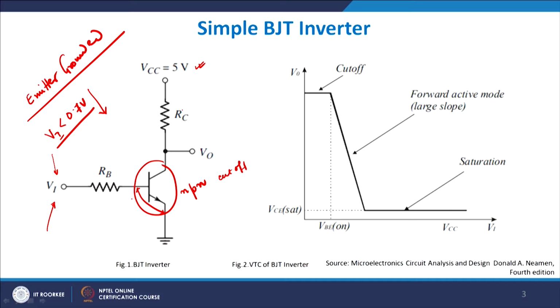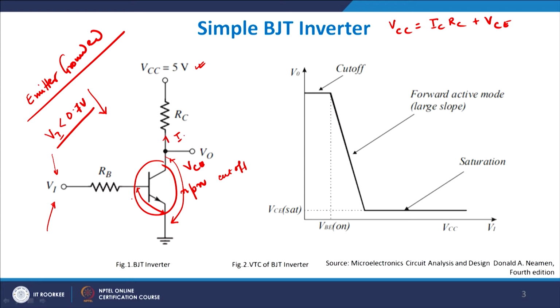Why? Because, as we had discussed earlier, we can write VCC equals ICRC plus VCE, and IC is flowing, let us suppose, here.